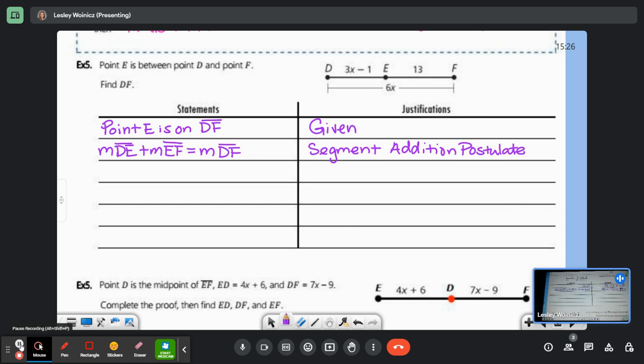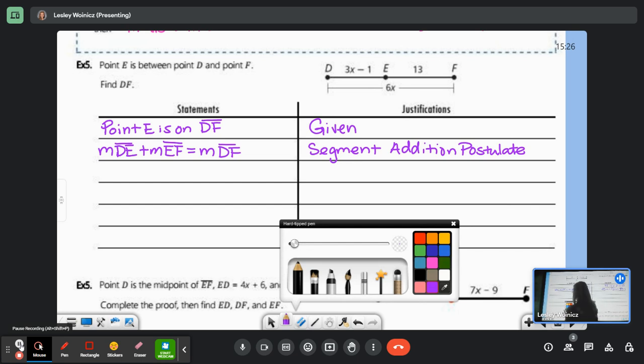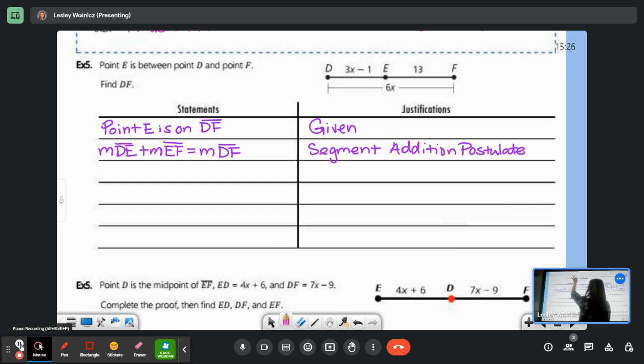Okay, so now the other things that we are given in the picture is some little things on our diagram. So what do we know that the measure of DE is? Yeah, so we have to write small, guys. Write this one really small.